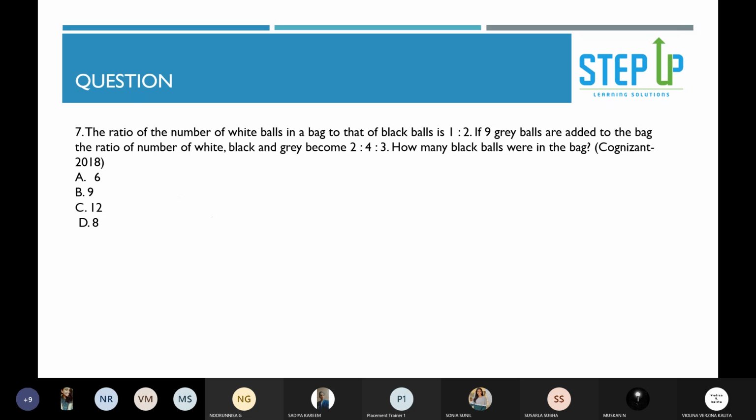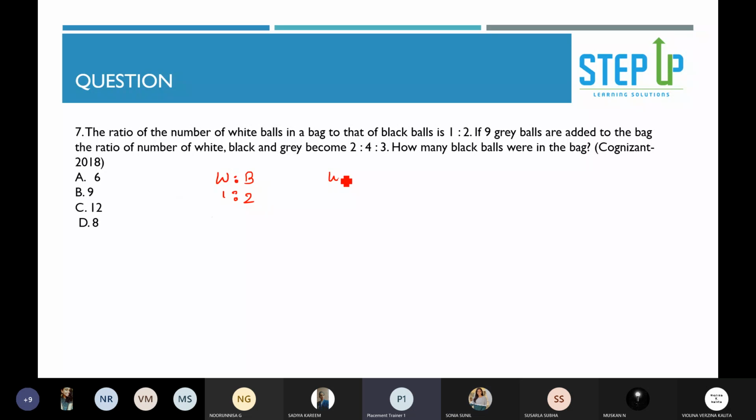Got the answer? Anyone? How many gray balls have they added? 9. And what was the earlier white to black ball ratio? 1:2.